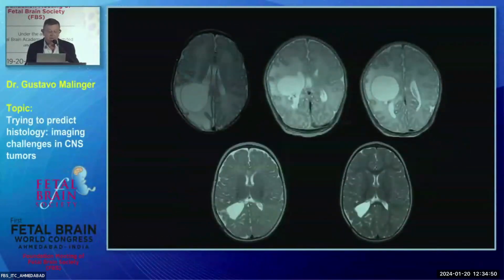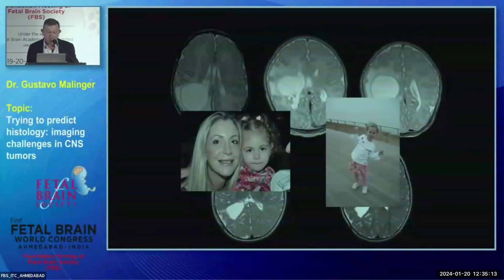And the girl was born, and here you have the cyst that actually is called a plexus papilloma. And after operation, there was a reduction in size and normalization of the sulcation because the edema disappeared. So all these changes in the MRI and the ultrasound were due to pressure. And this is the girl, and she's bending not because of a neurological problem, but she's dancing. Everything is okay. You see?